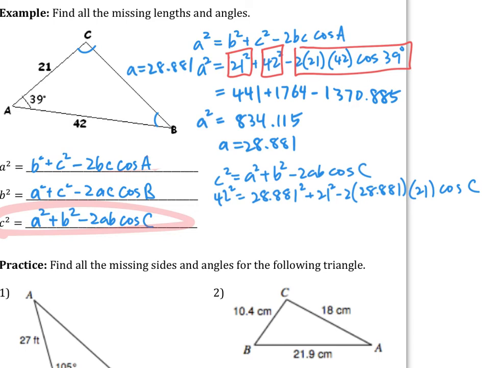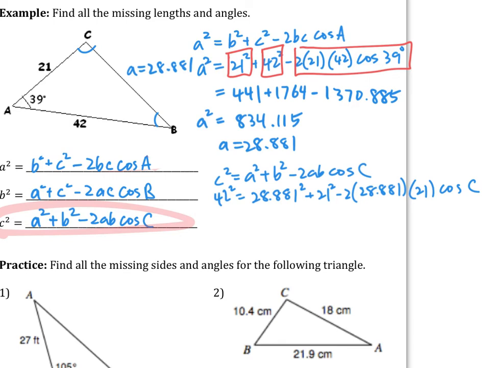Now, this is a little bit tricky because you need to be really careful with your calculation. The first thing we're going to do is subtract that from here. If you want, you can definitely square everything first and then go from there, which might not be a bad idea.